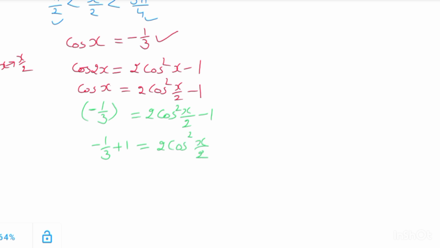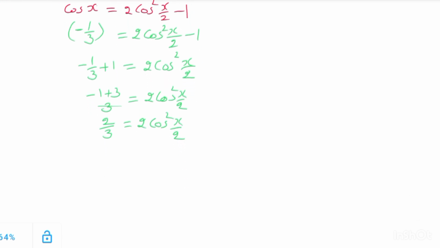Now we will take LCM. So this will be minus 1 plus 3 divided by 3 is equal to 2 cos square x by 2, or 2 by 3 is equal to 2 cos square x by 2, or 2 divided by 3, this 2 will be here in denominator, is equal to cos square x by 2, or 1 by 3 is equal to cos square x by 2.